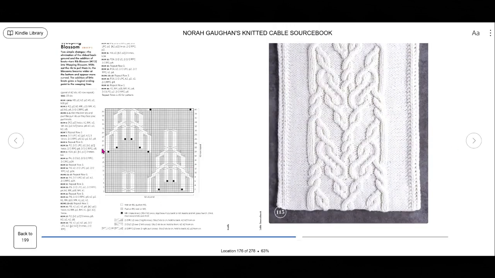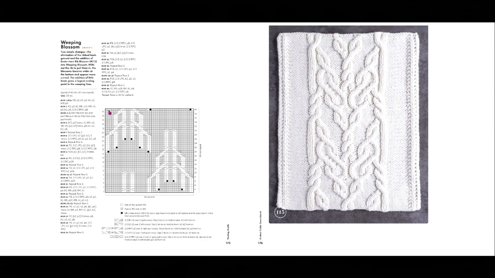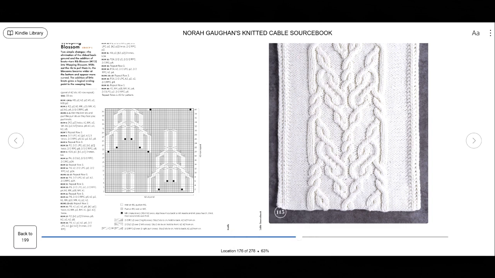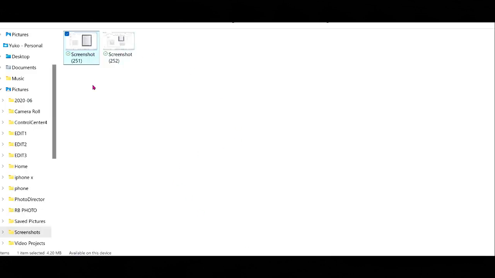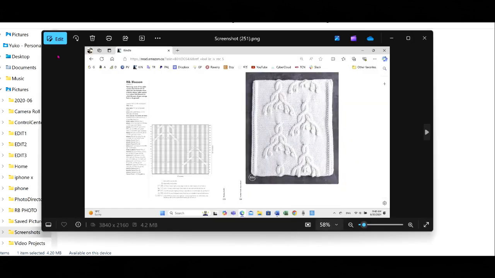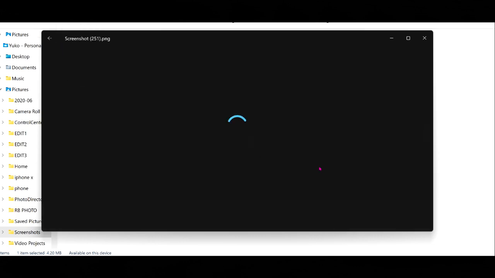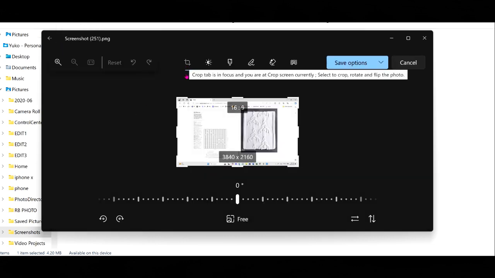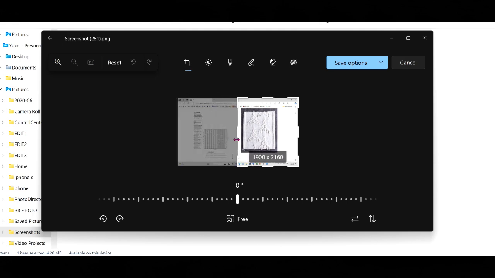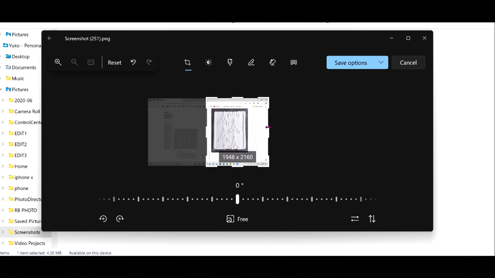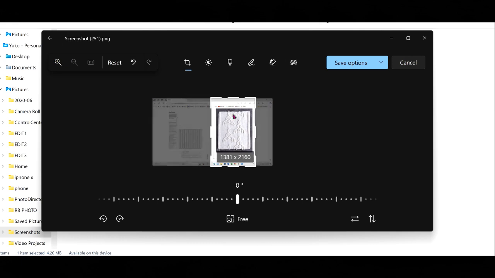Here, this is the pattern, and you screenshot this pattern. Okay, and I am going to go to my screenshot saver, and this is what I usually do. This is the screenshot I already did, and I am going to crop like this.